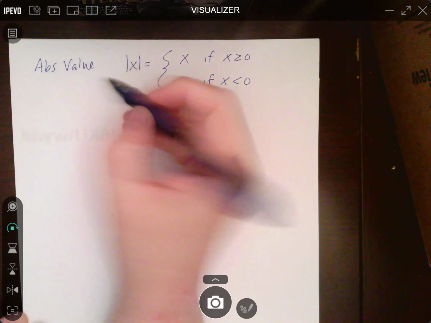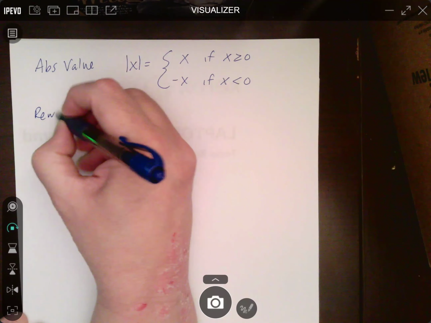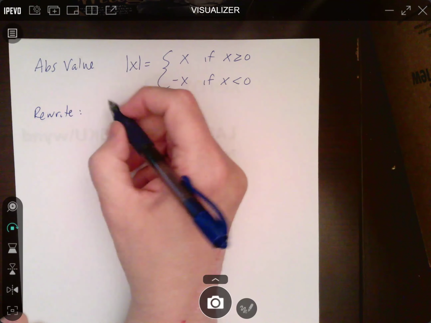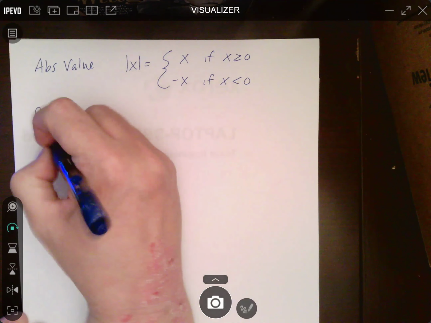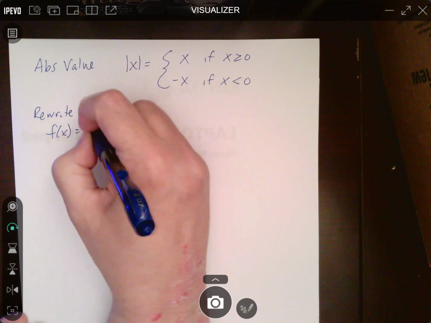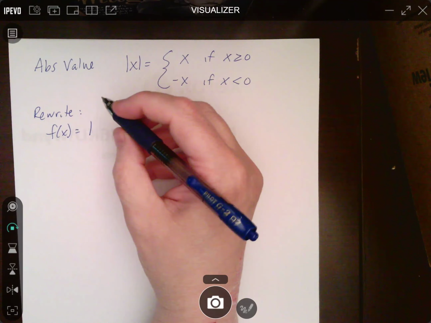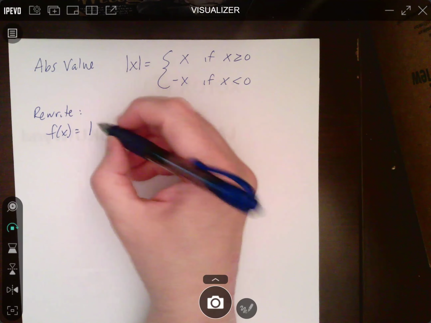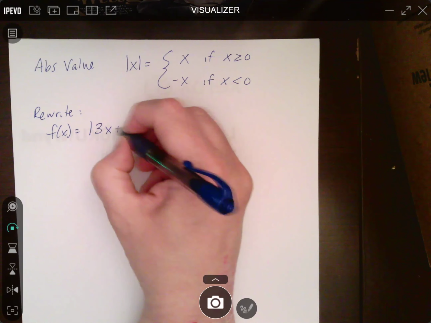So we're going to rewrite, let's say, f of x equals the absolute value of 3x plus 5.